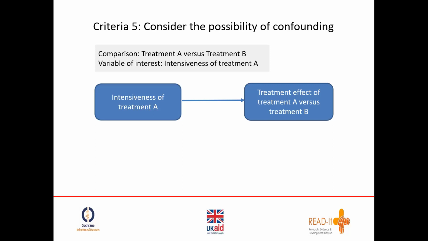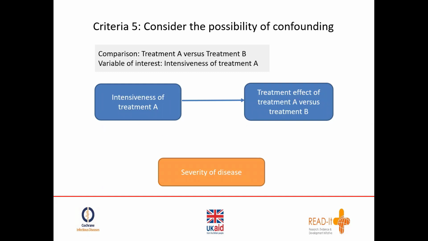So here, if you're considering confounding, the review authors should think about whether there might be some other factor that's causing a subgroup difference to be identified. So, for example, it may be that trials of the more intensive version of treatment A also recruited patients with more severe disease.